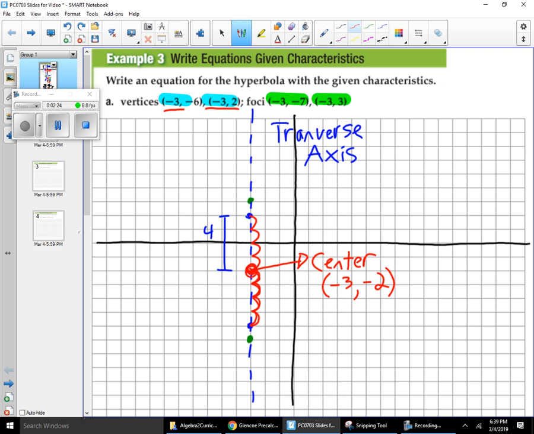And I also know C, the distance from the center to the foci. Is one of them. The other one will be 5 as well. So I have some information here. I know that C is 5. I know that A is 4. What I am missing in order to get that equation is that B value. I have 3 out of the 4 pieces of information I need in order to write an equation.